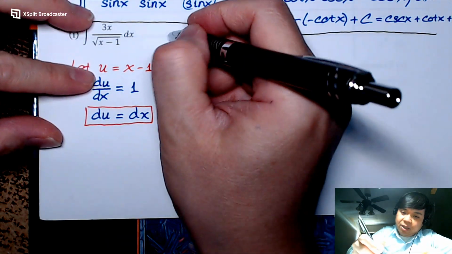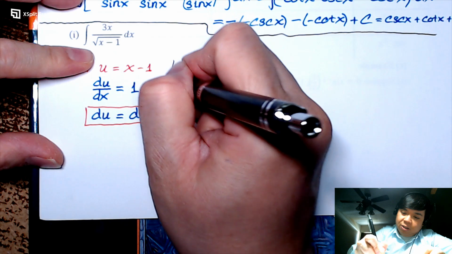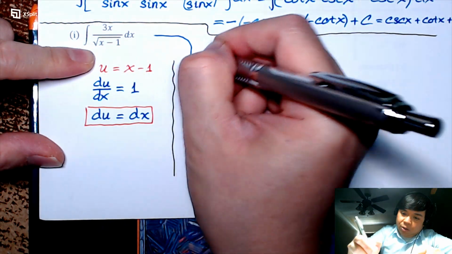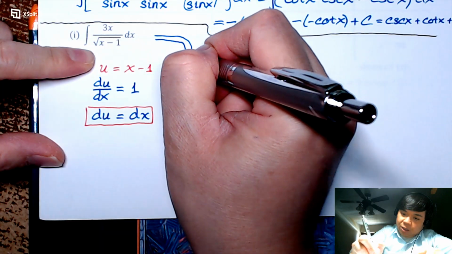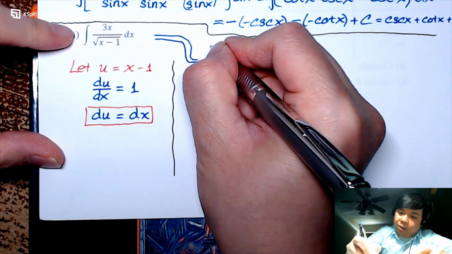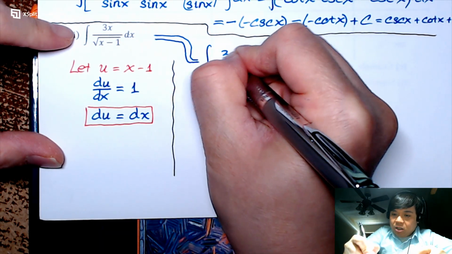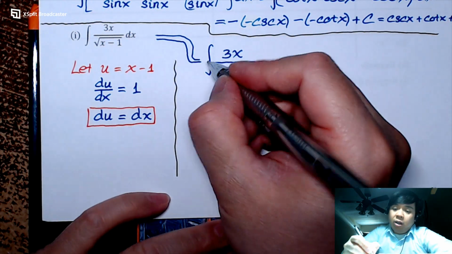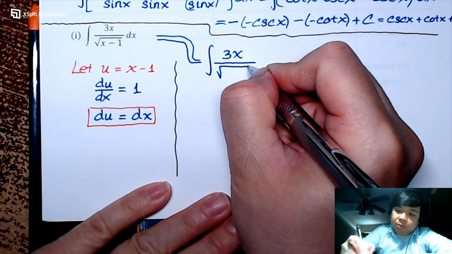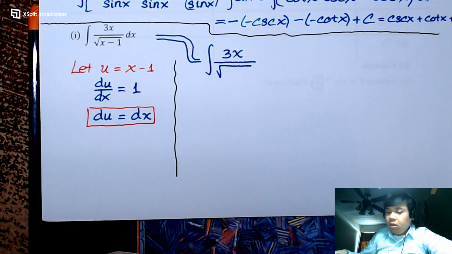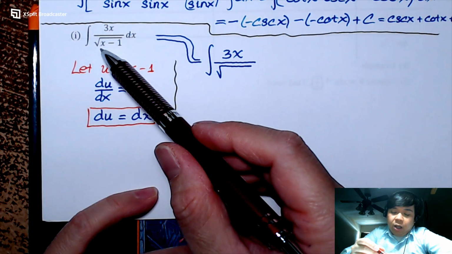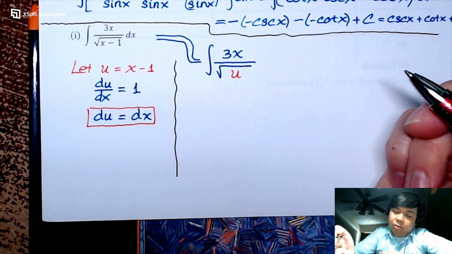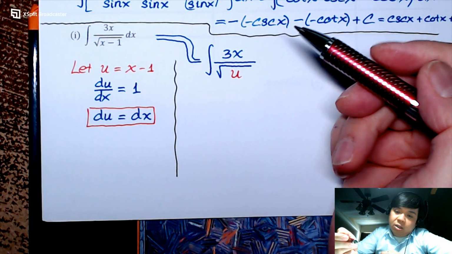Now the integral. This will be equal to, there's still 3x on top. Cannot do anything with it. Square root still. x minus 1 is going to be u. dx is just du.